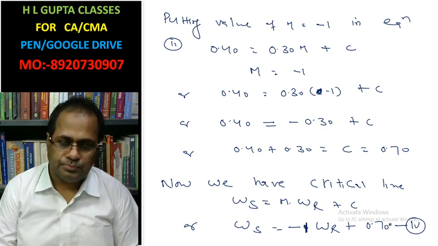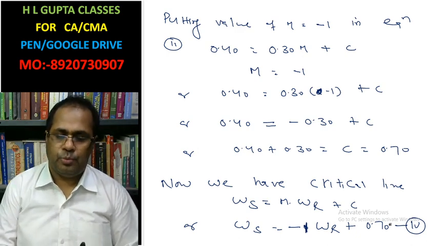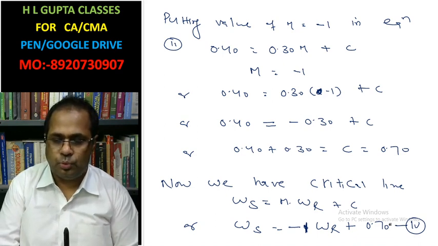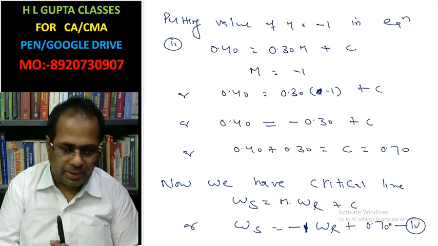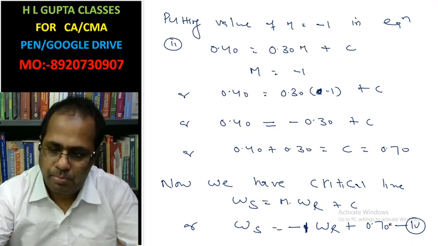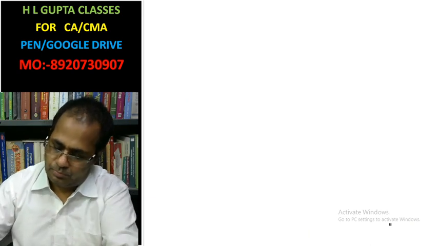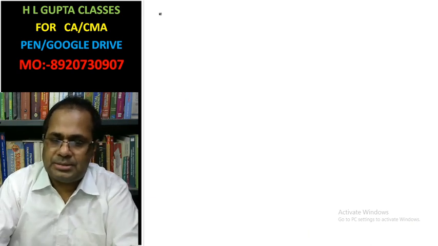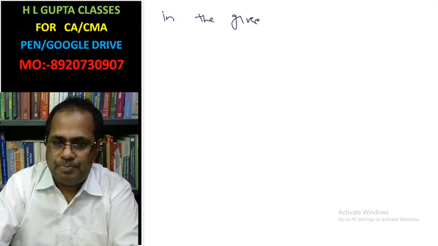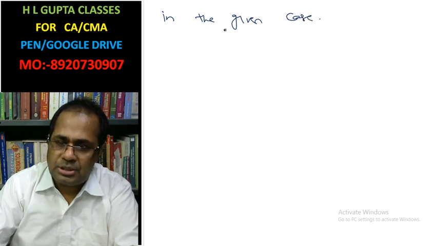Now, if weight of S equal to 0.5, then what will be the weight of R? In the given case, please try to understand here.